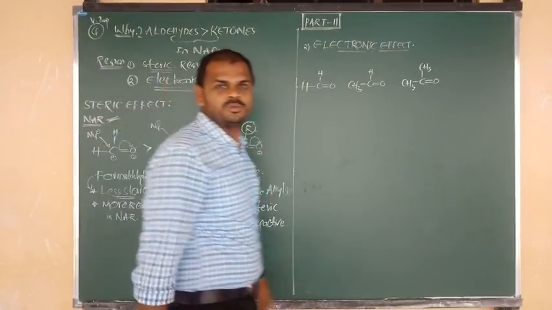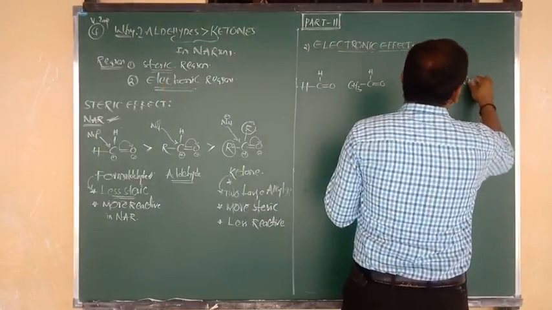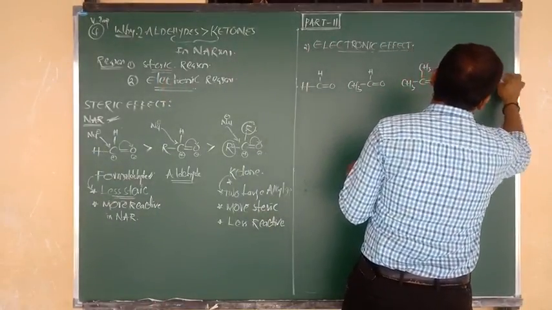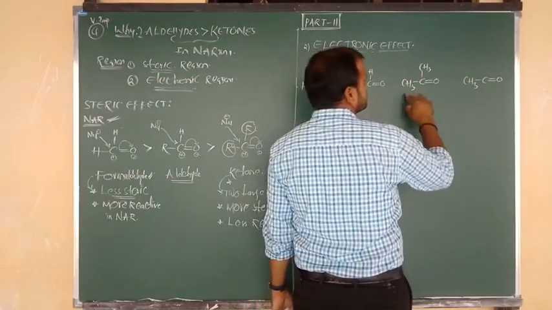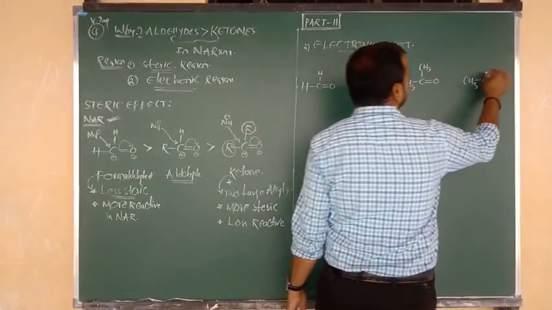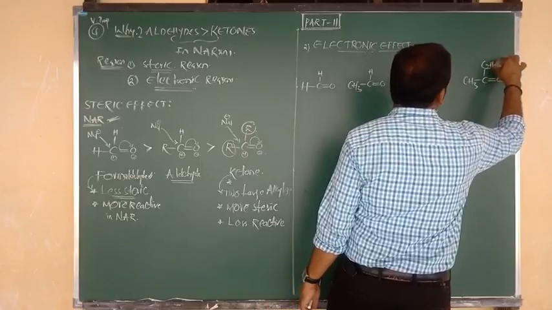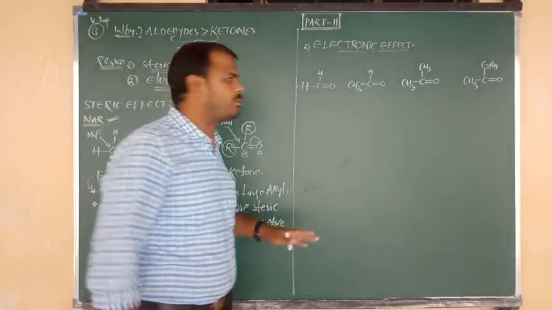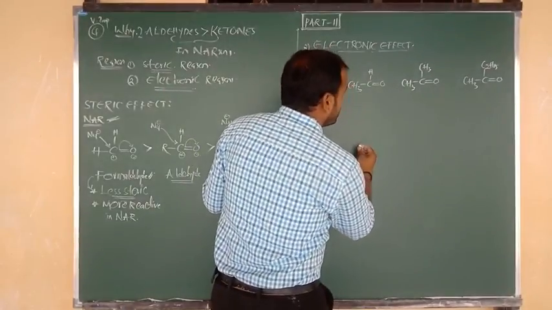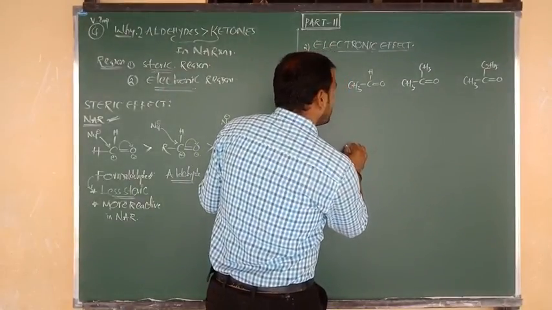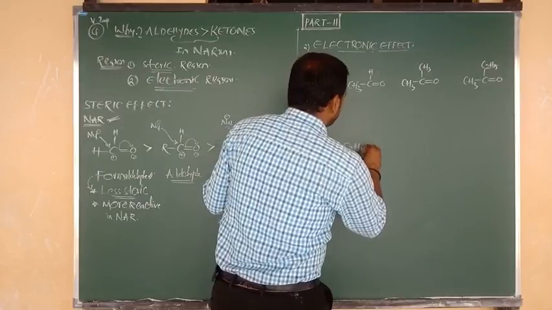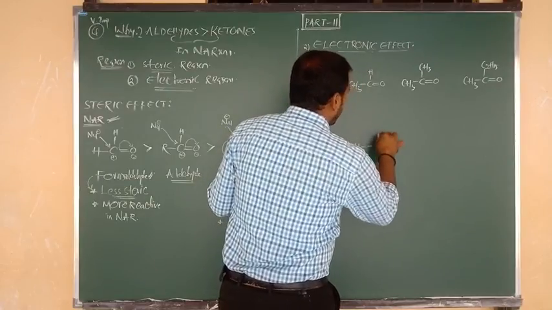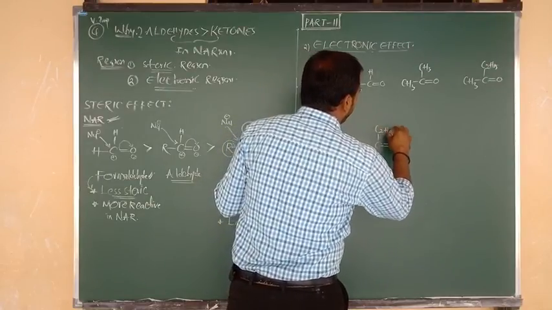Another example I am going to take. Same here, I have written CH3 connected to C double bond O, and here I am going to take an ethyl group, C2H5. Now another example: C2H5 bonded to C double bond O, again connected to C2H5.